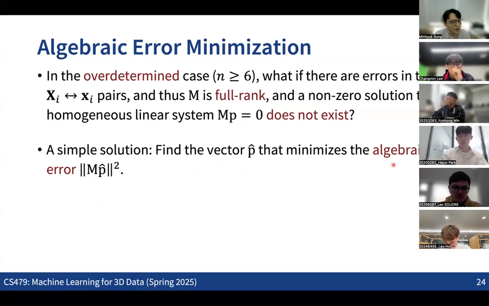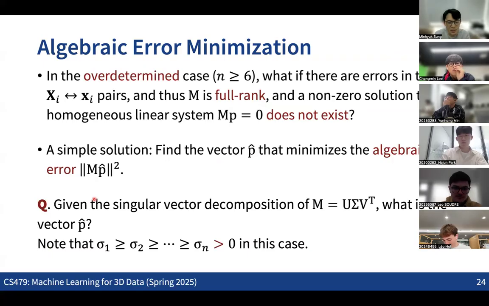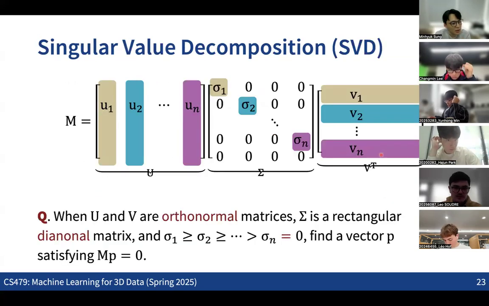And the good thing about defining this algebraic error is that the way we find the vector P minimizing this error is the same as finding the non-zero solution in the case when the non-zero solution exists, which is the case where we take the rightmost vector of V here, corresponding to the smallest singular value.